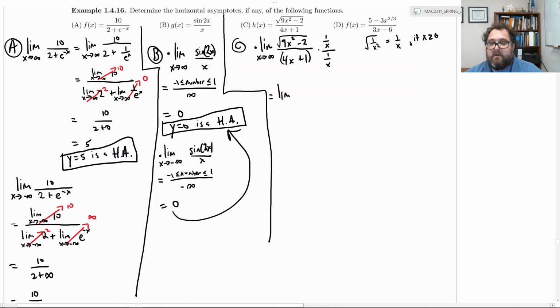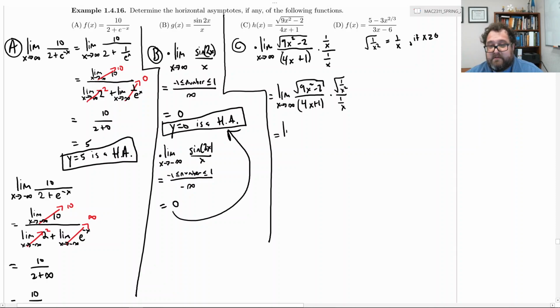Equals the limit as x approaches infinity of radical 9x squared minus 2 over 4x plus 1. On the bottom, we're just going to multiply by 1 over x, no problem. But on the top, we're going to multiply by the equivalent, because we know x is positive, which is radical 1 over x squared.